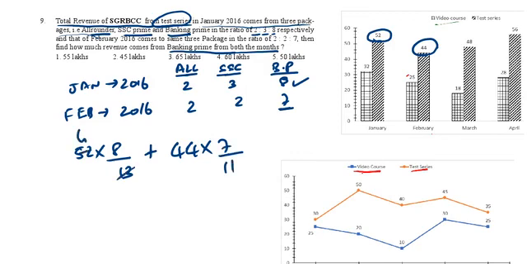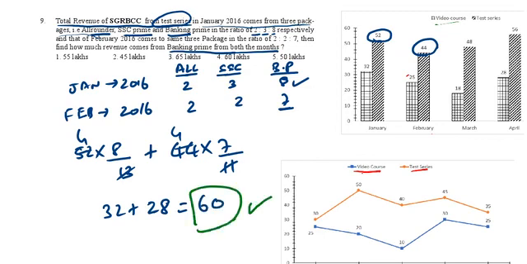This is 4. 4 into 8 is 32, 4 into 7 is 28. So totally the answer is 60 lakhs. This is a very simple question. So 60 lakhs is the correct answer. So 9th question, 60 lakhs, option 4 is the correct. See the next question.